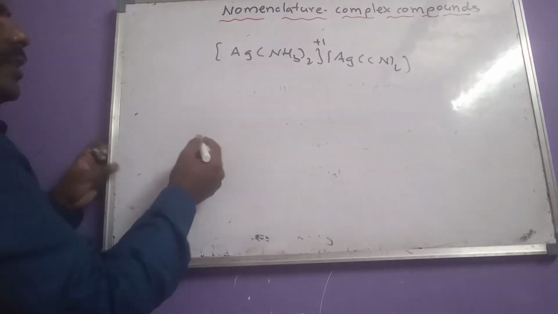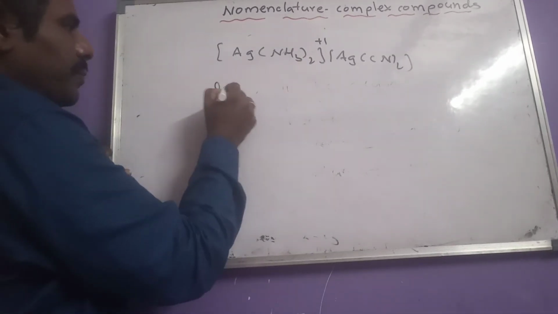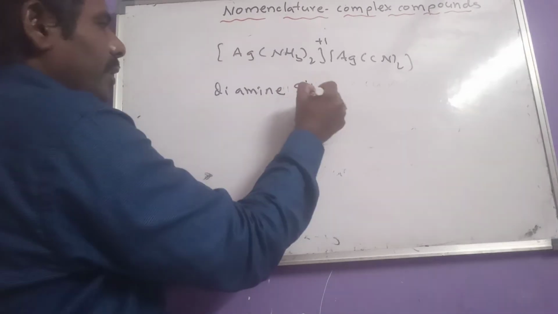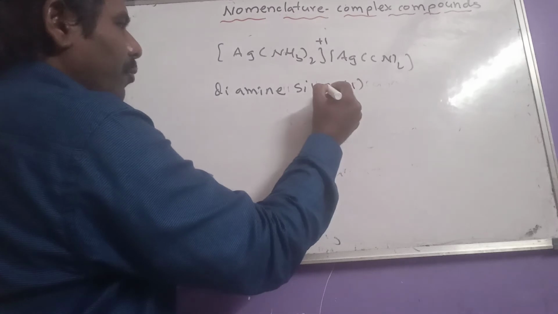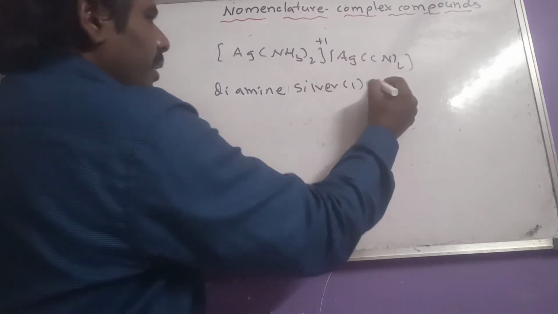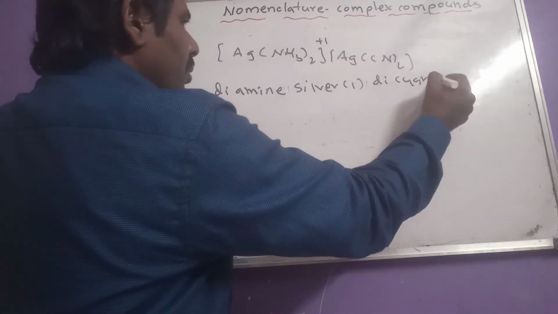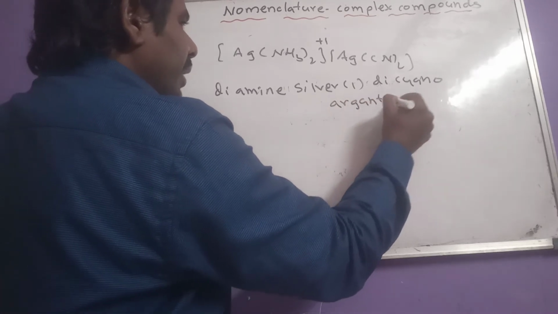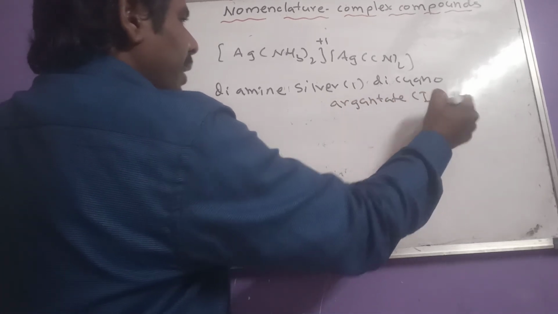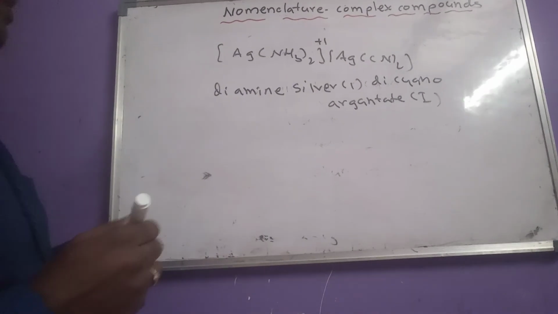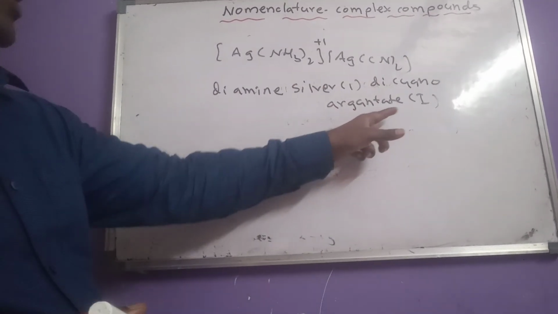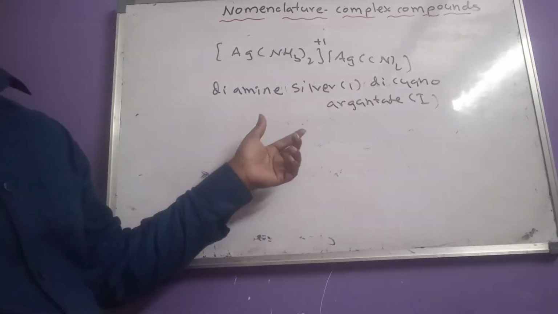So what is this name? First, diamminesilver, oxidation number 1, and here dicyano, but this should be pronounced as argentate, oxidation number again 1. So like this: diamminesilver(I) dicyanoargentate(I), we have to give the name.